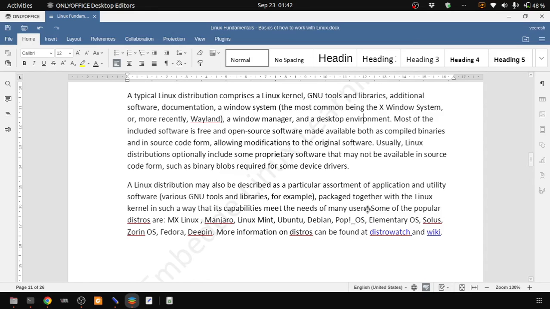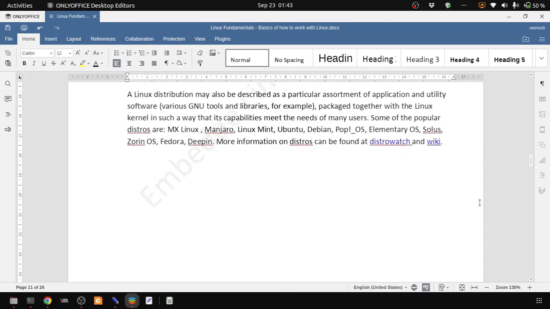So that's how a Linux distribution is born. Some of the popular distros are MX Linux, Manjaro, Linux Mint, Ubuntu, Debian, Pop OS, Elementary OS, Solus, Zorin OS, Fedora, Deepin. Some more information on distros can be found at DistroWatch and the wiki page.